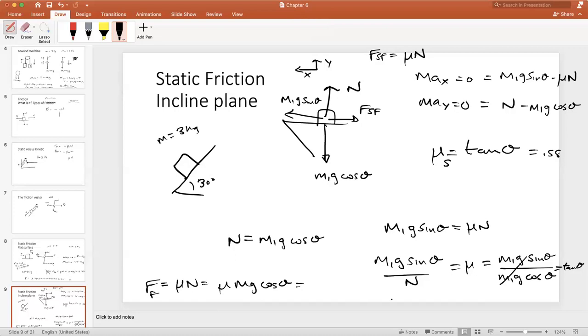And that would give me 14.78 newtons. Conversely, what is the weight in the x? Well, that's 3 times 9.81 times sine of 30. Remarkably, it's equivalent, 14.715. I rounded some stuff.